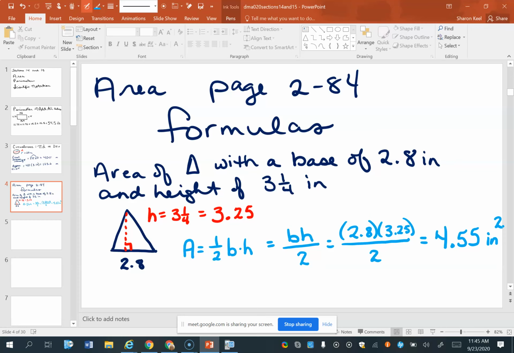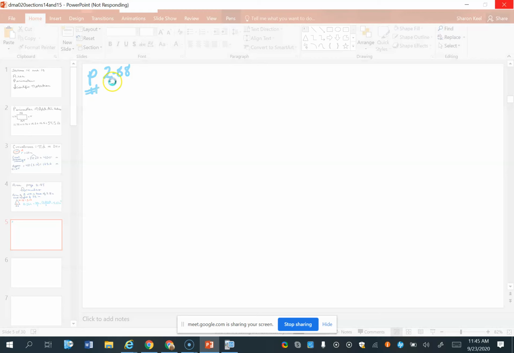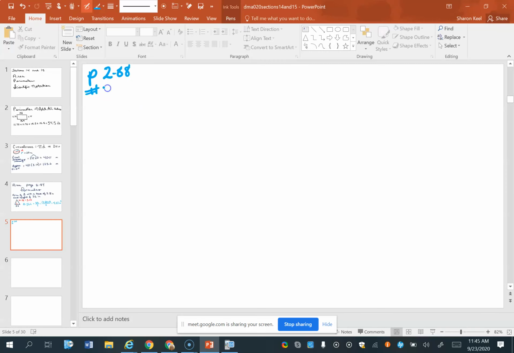One of the problems that most students find most troublesome is this particular problem. It's on page 2-88, and this is question number 7. Carly wants to install a 3-yard walk around a circular swimming pool.